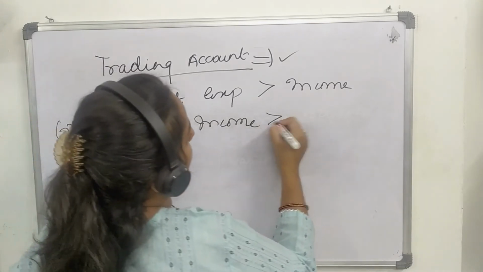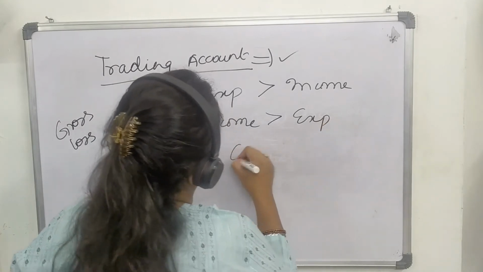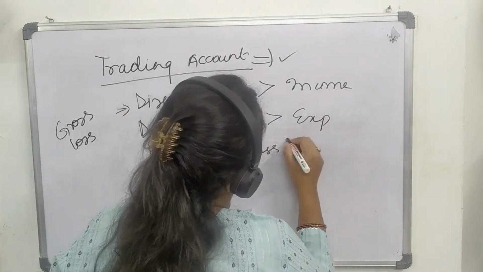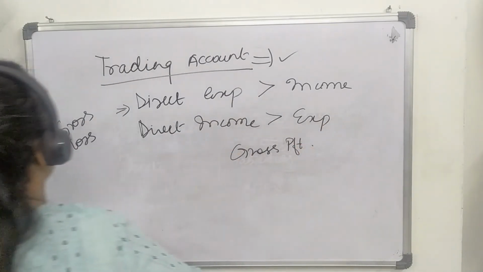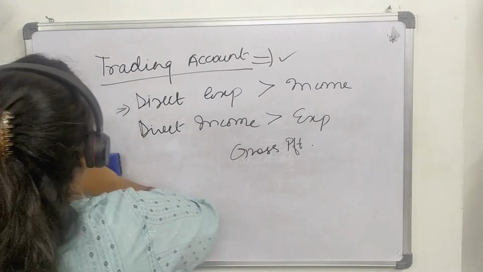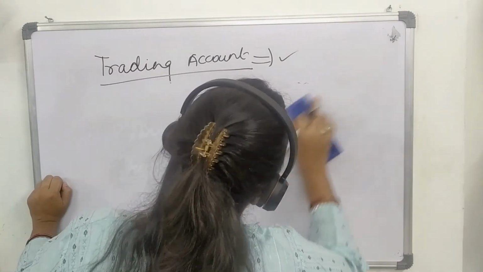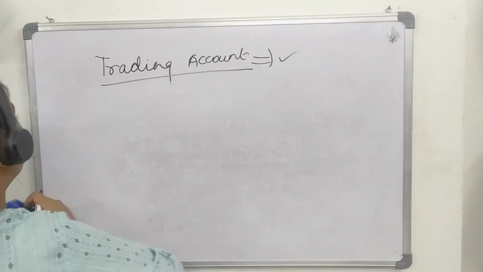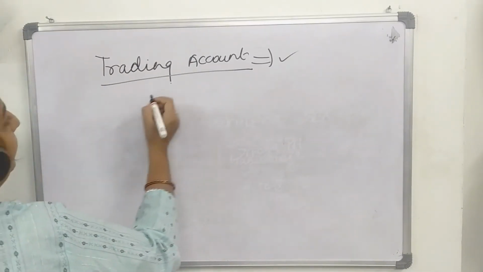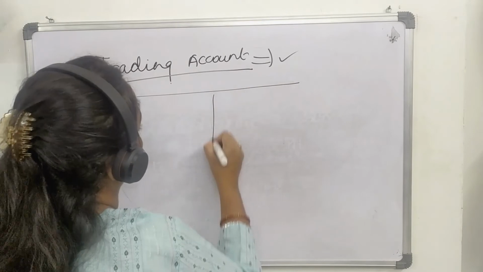In case direct income is more than expense, we have gross profit. Let's have an example for this. Suppose this is the trading account.